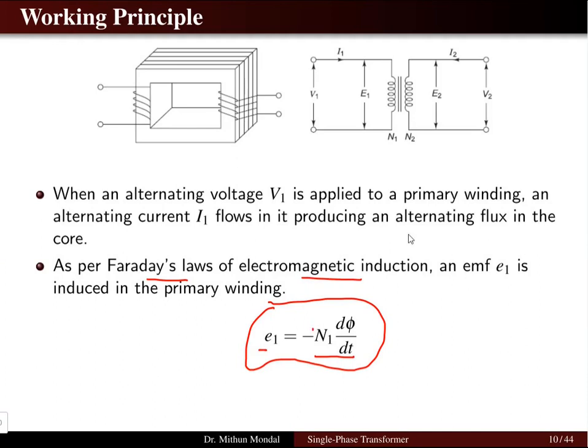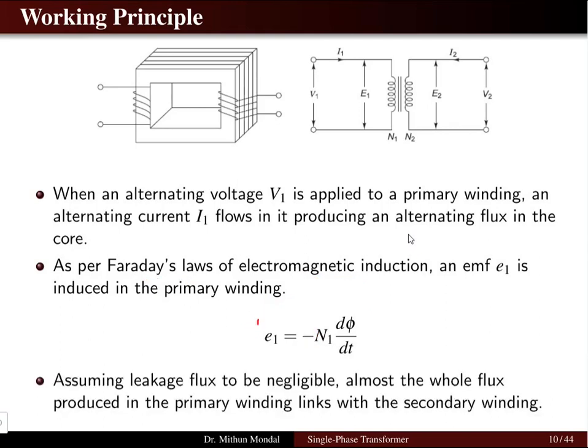Here, the negative sign indicates that in accordance with Lenz's law, the EMF will oppose the cause which is producing it. So the EMF E1 is produced because of V1, hence V1 and E1 will be in antiphase with respect to each other.